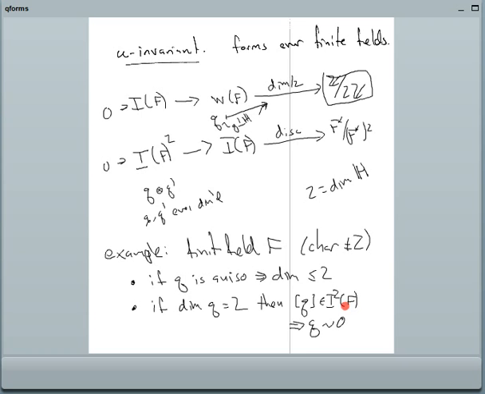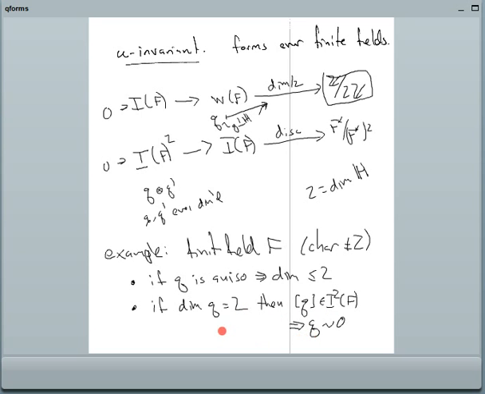So in other words, you can show that everything non-trivial in the square of the fundamental ideal must necessarily have dimension at least 4. And so if you have dimension 2, you have to be trivial.